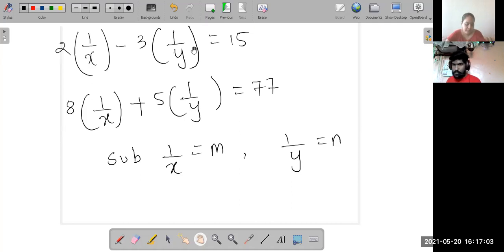I get 2m minus 3n equals 15 and 8m plus 5n equals 77. So I solved using Cramer's rule, right?